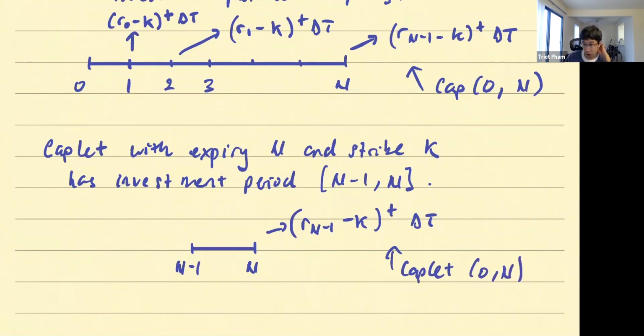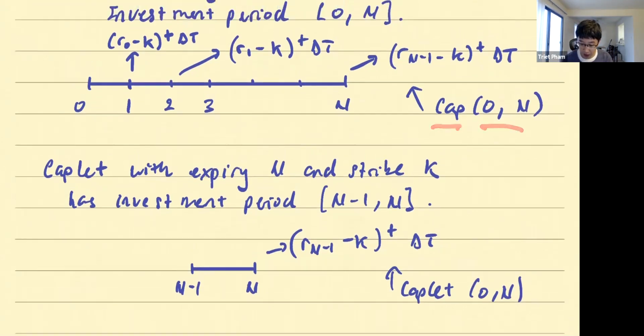When we write like this, it's compact, but pay attention: the name says something about the product. A cap, same notation, really means a series of payments all the way from time 1 to time n. The caplet, even though it says 0 to n, 0 only refers to now, the time at which we are looking at the price of this guy.